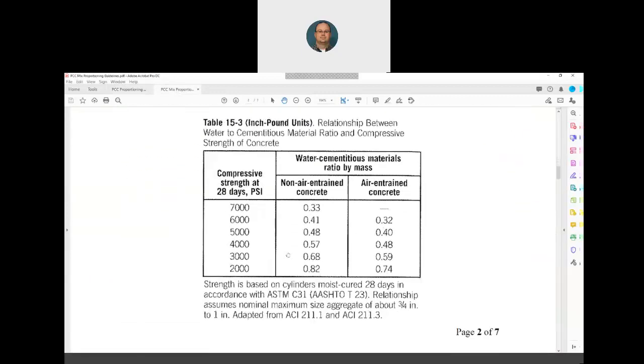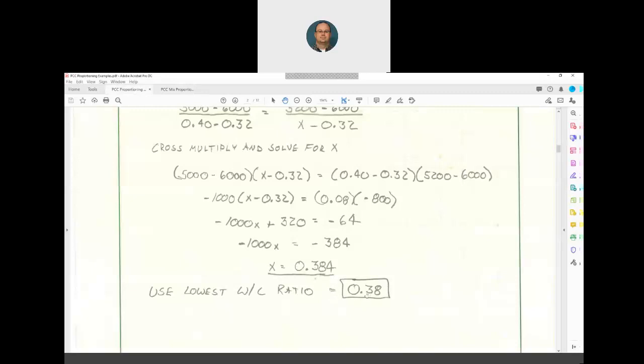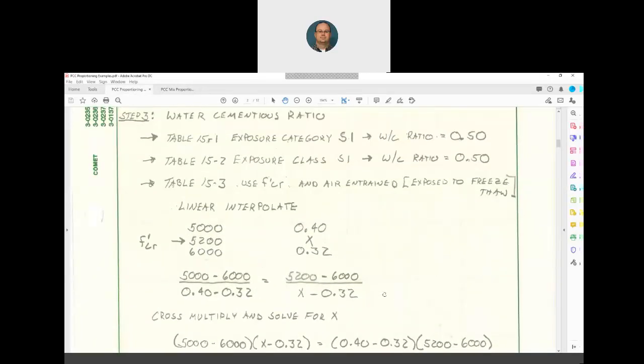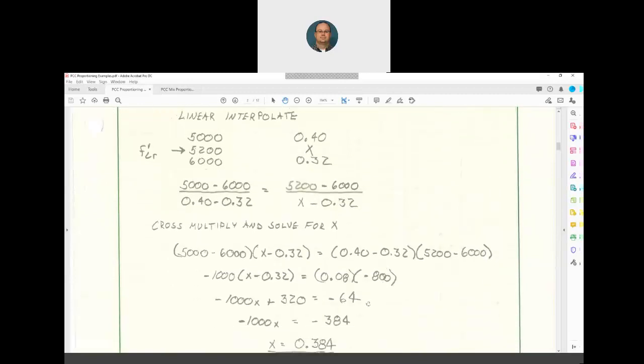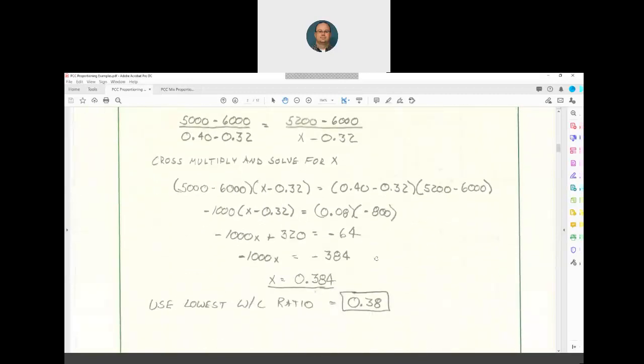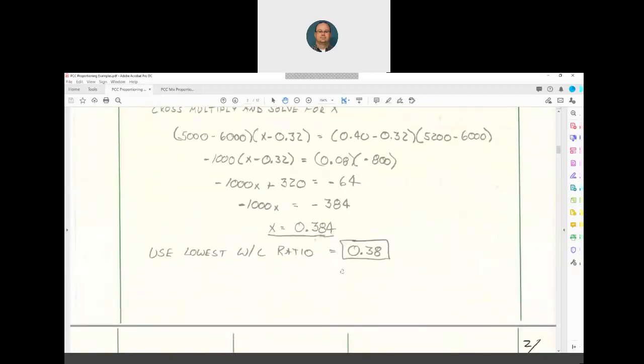I'm at 5,200, right? Air entrained concrete, because I know I'm in a freeze thaw environment. So my water cement ratio is 0.32 to 0.40, somewhere in between there. If I do my linear interpolation, I've got 0.38. So I'm going to pick the lowest one out of these 3. Lowest water cement ratio. So there's my water cement ratio, 0.38.